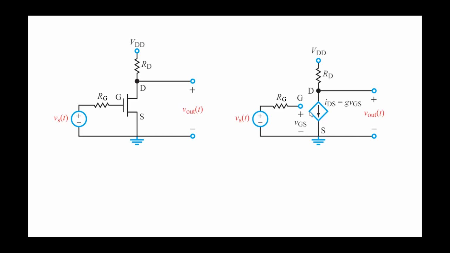So we have this voltage-controlled current source, and what it does is it defines the output current IDS, and it's a linear relationship between G and VGS, the voltage between the gate and the source. G is known as the transconductance. And in this problem, that's given as 2 amps per volt.